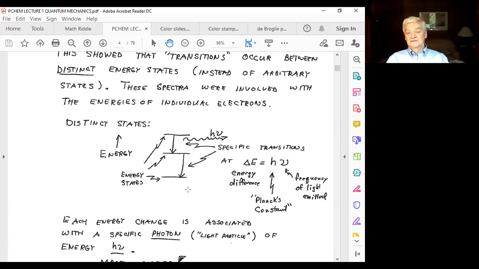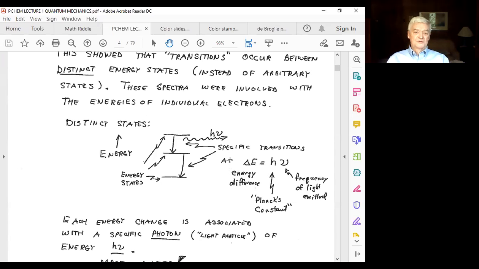And what people discovered in the mid to late 1800s was that you would get discrete emission of light from one of these energy levels to another. And then, as we're going to talk about later, we'll see how that fits into the atomic model of the atom. Okay, so nothing that Newton had done could explain this.